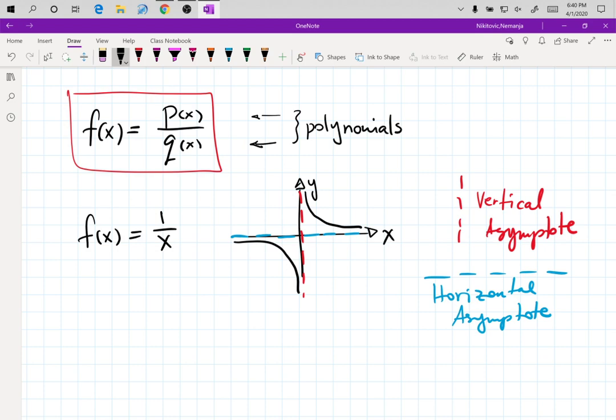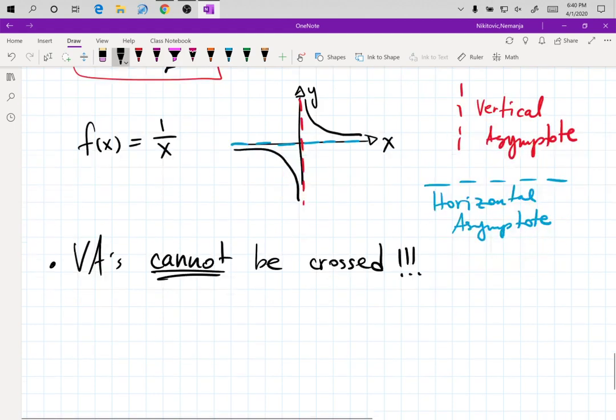Yeah, so vertical asymptote. So let's go with the bullet points now. VAs cannot be crossed by a function.